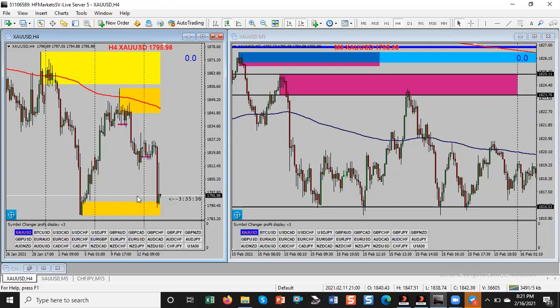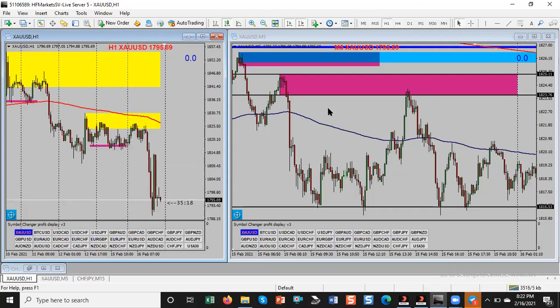You put it as your final take profit. So as you can see, this is where we are talking about. Sorry, here. So this is the first take profit here. Your final take profit will be here. That is how you place your take profit and your stop loss. That is that for that one.